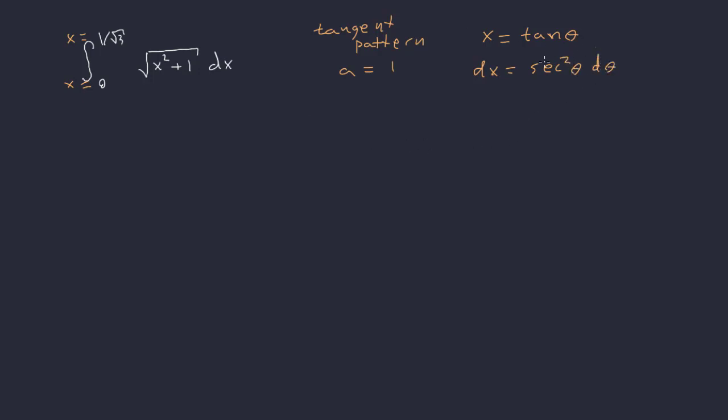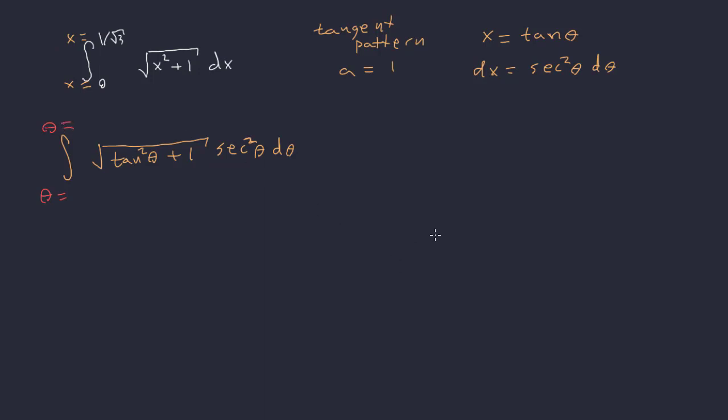Okay, now, when we do this new integral, these limits are in terms of x, but when we move to thetas, we need to now get our limits in terms of theta.